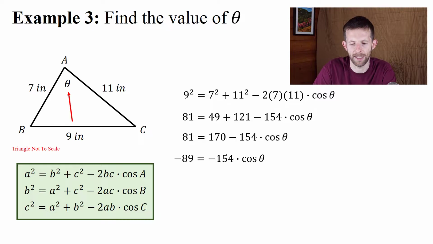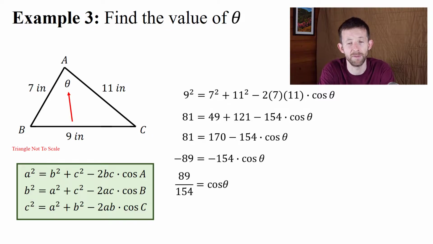So I go ahead and divide both sides by negative 154. The two negatives cancel one another, and I'm left with cosine of theta is 89 over 154. Now I'm finally in a position to take the inverse cosine of both sides. So theta is 54.7 degrees.